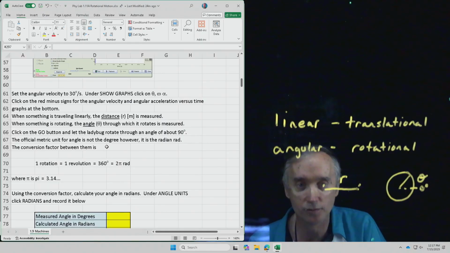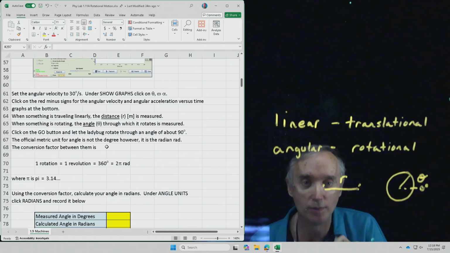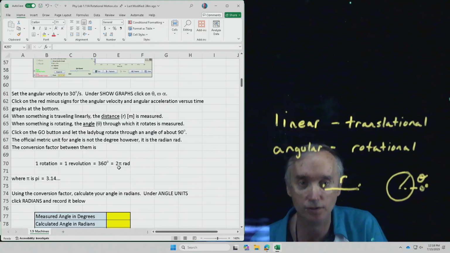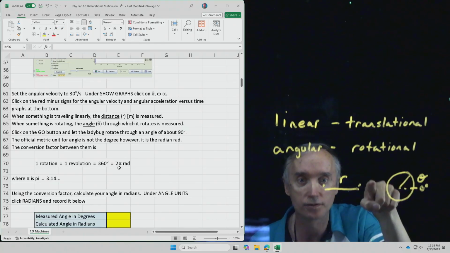But you should know from geometry that that's 360 degrees. And you should know, or maybe you don't know, that that is 2 pi radians. So the radian is going to be the official metric unit for angles in the metric system, something that you're probably not so familiar with. 2 pi radians if you go around in a complete circle.